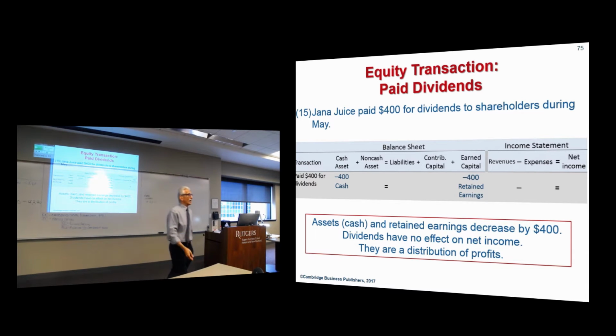Could you declare a dividend if you have a net loss for the year? Yes. You're paying dividends out of accumulated earnings, not necessarily this year's net income. So dividends are distributed from accumulated earnings, not necessarily the current year's profit or loss. So again, it is not an expense.